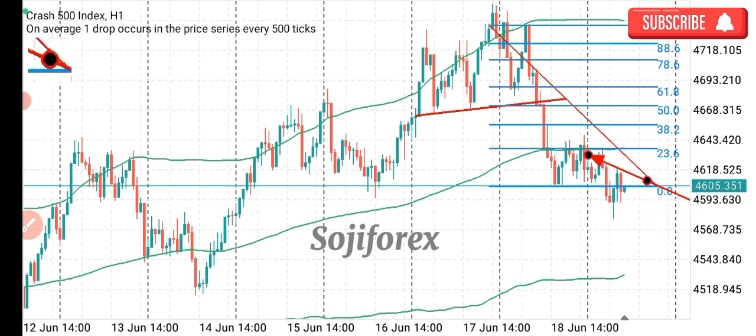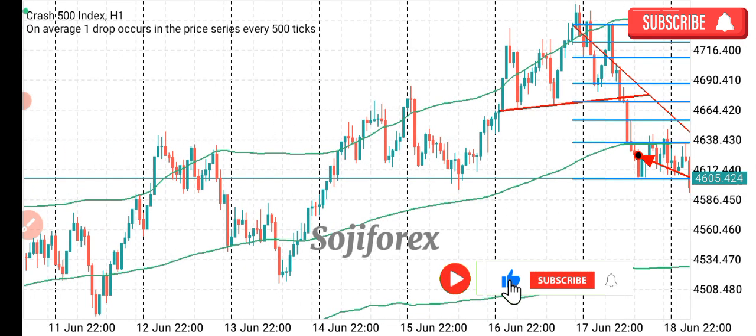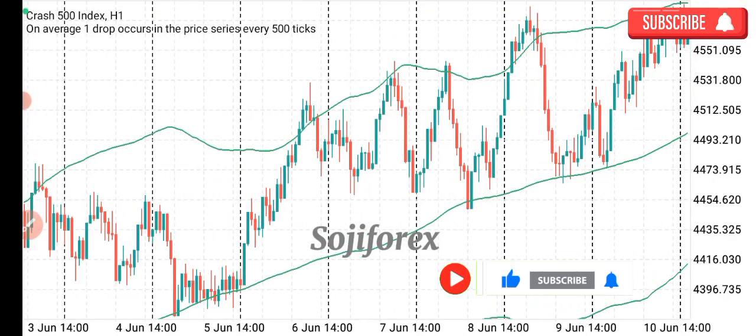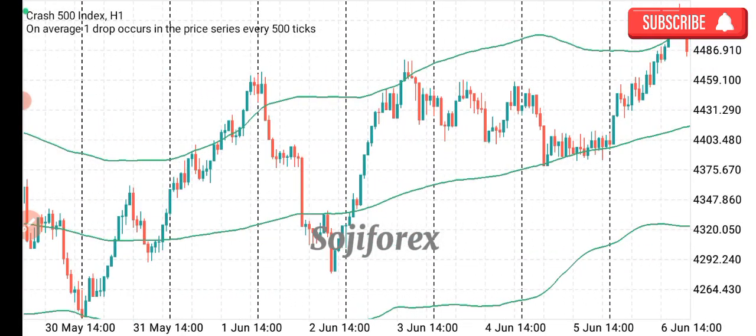Remember, this is not how to trade it. I'm only trying to teach us how we can identify retracement, not how to trade retracement. Okay, you can go through your chart, mark it out, test it, and see how you can identify retracement.